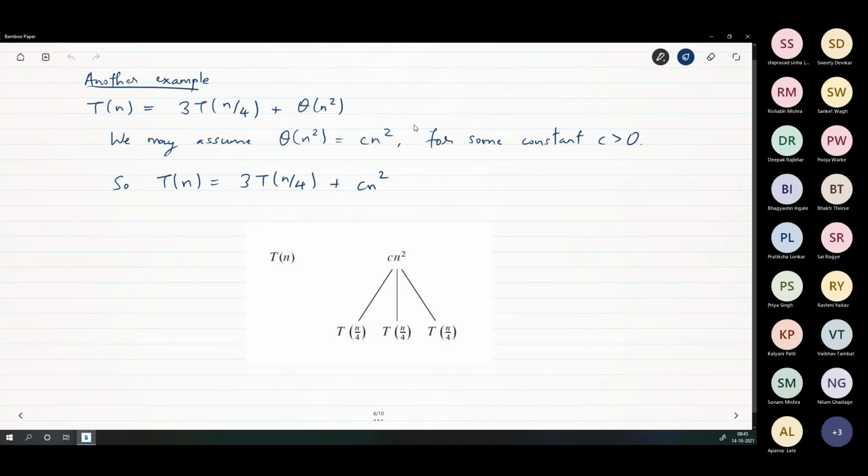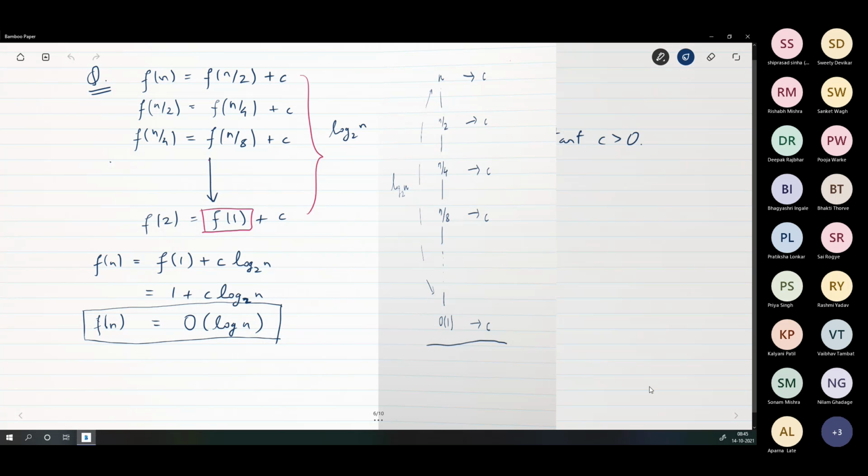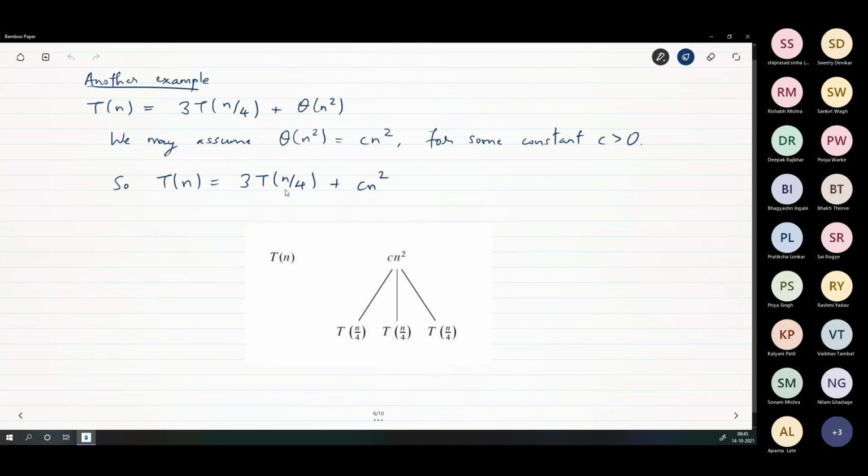But now here's the first point that you should know. When you're considering an element of the form theta or big O, you want t of n finally in the form of big O, right? Just as in here. You don't want the exact value. You only want to know it is big O of what. So if that is all you want, you can just assume that theta n squared is c times n squared for some constant c greater than 0.